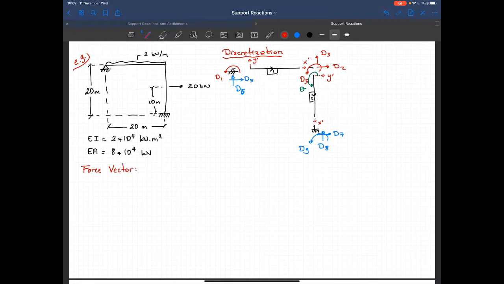The force vector, that's my structure. That's equal to no deformation.